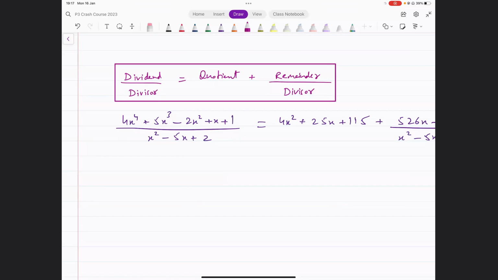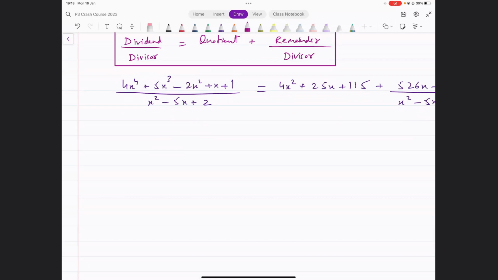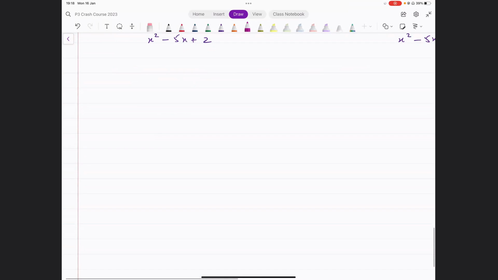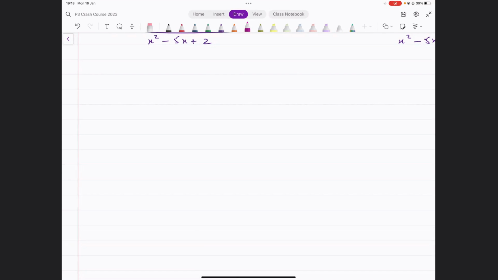Okay. Now this is how the long division process works. Now I'm going to write down another example here, and I'll ask you to attempt this, and then I'll tell you how to do that. Let's take this example.